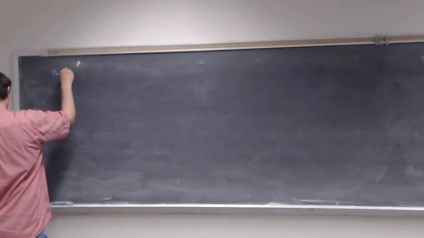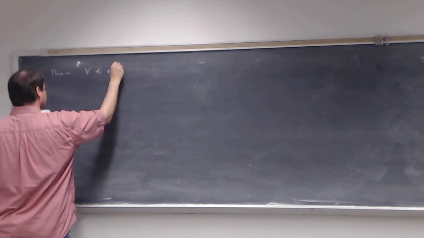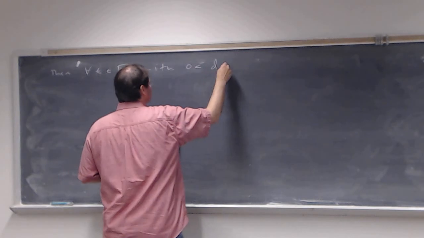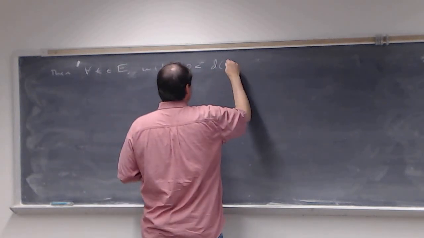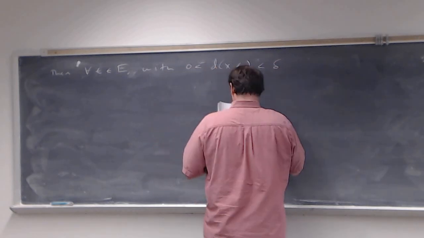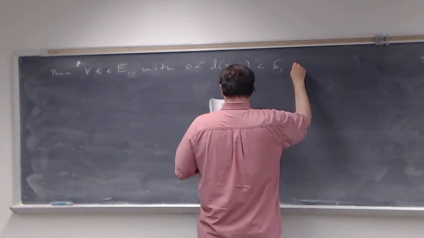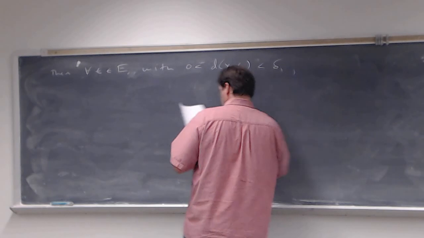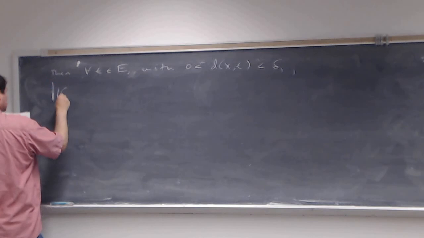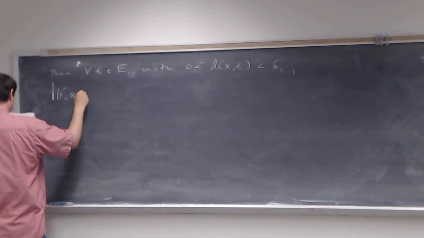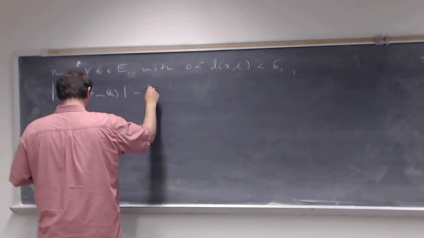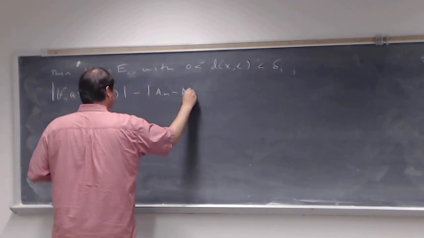Then for all t element of E with 0 less than the distance between x and t being less than delta sub 1, we have this absolute value of the norm of f sub n of t minus f sub m of t, minus the norm of a sub n minus a sub m.